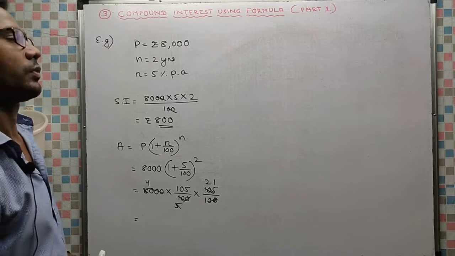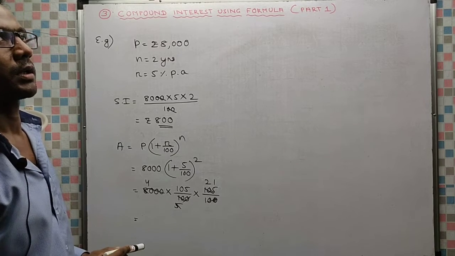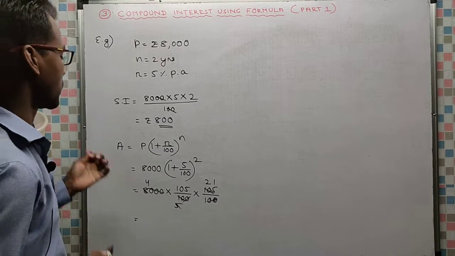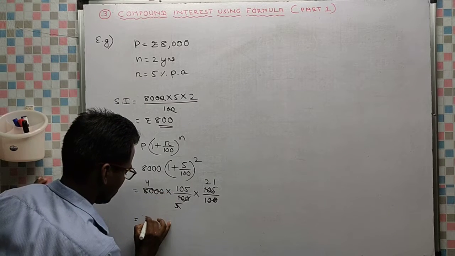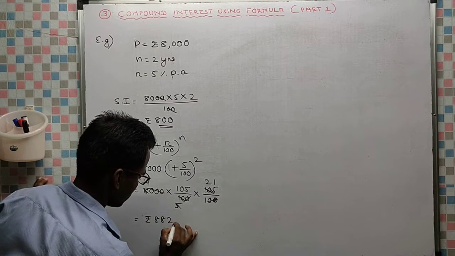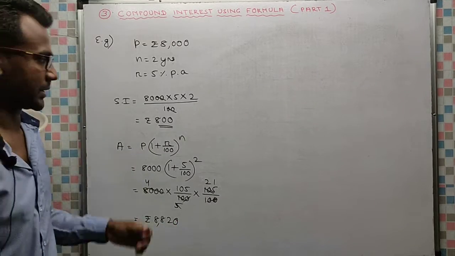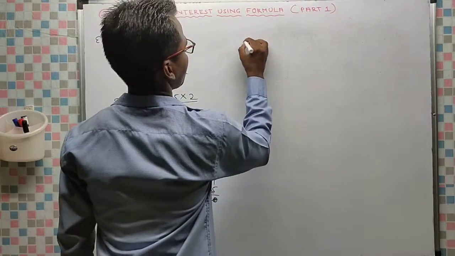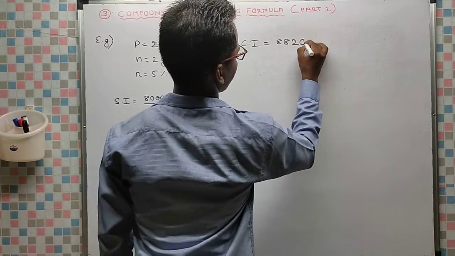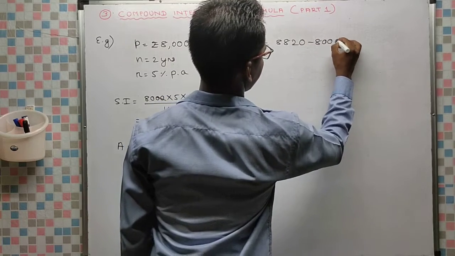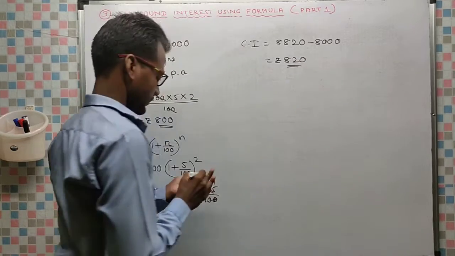So 42, 21, 441 into 2, 882. So amount is rupees 8,820. So compound interest will be amount minus principal. So 8820 minus 8,000 gives you rupees 820.